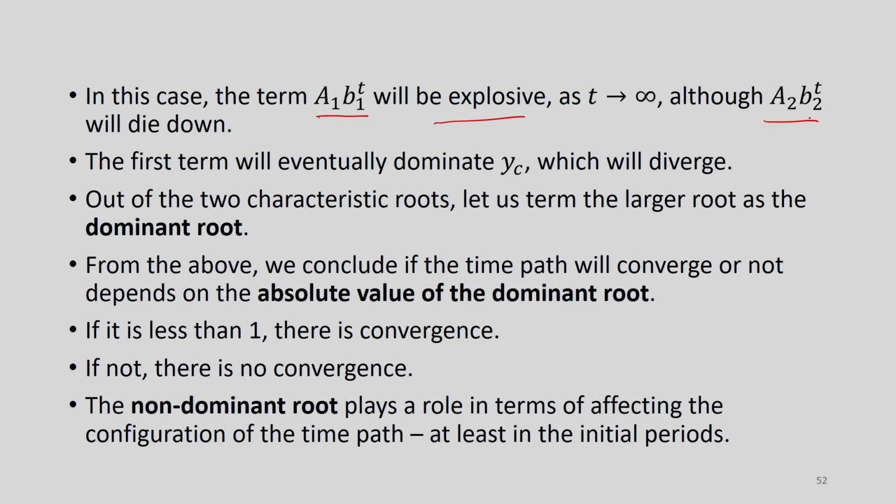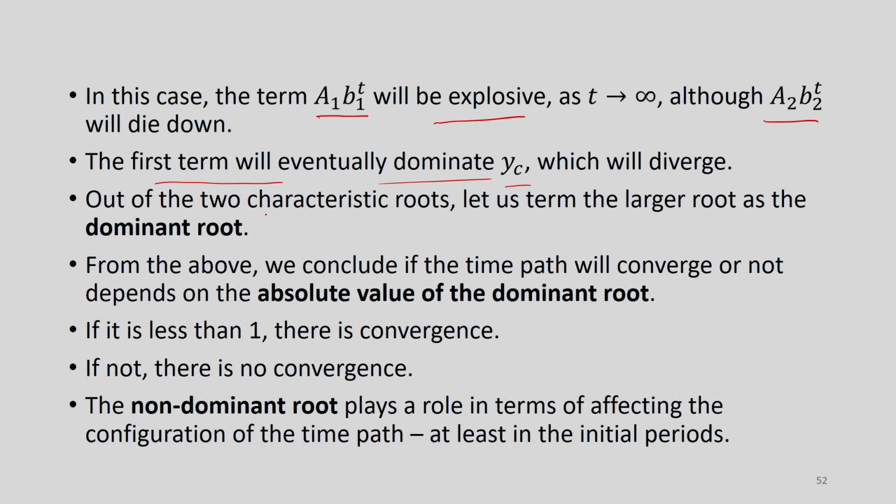But the second term, a 2 b 2 to the power t, will die down because the modulus of b 2 is less than 1. So, as the net result of these two, the first term will eventually dominate y c, because one part is going to 0, but the other part is explosive. Therefore, the summation will also be explosive. So, y c will diverge.